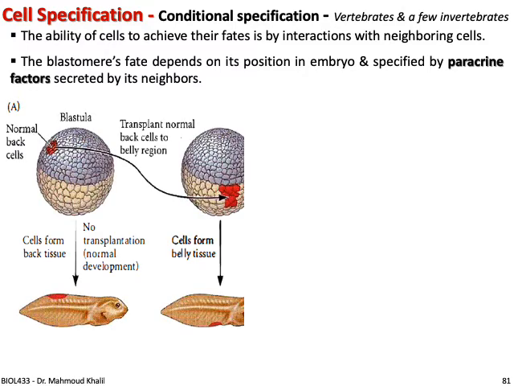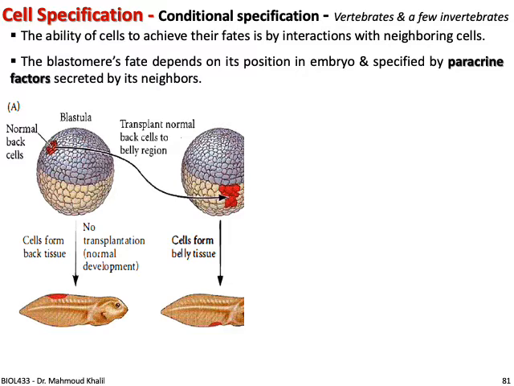So you can see here that if we have this blastula, and you remove some cells from the normal back cells of the blastula and transplant them into another region in another blastula, you will see that the cells which originally would form the back of the embryo will form belly tissue.